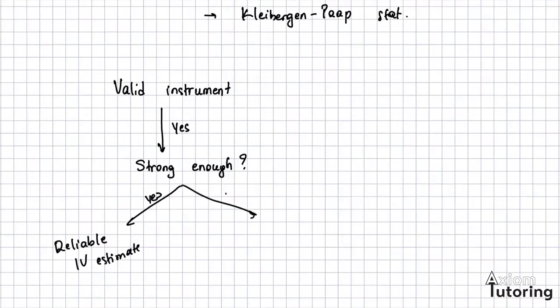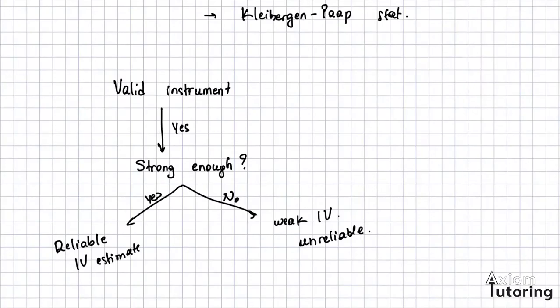And unfortunately, if the answer to this is no, it means that you've got a weak IV, which is unreliable. Okay? Both conditions must be met, so a valid but weak instrument is not good enough. A strong but invalid instrument is also not good enough.